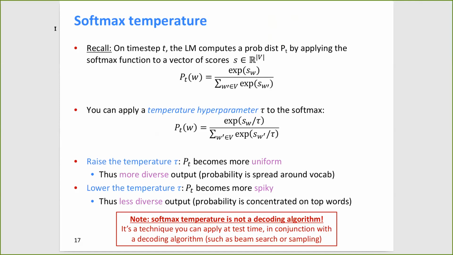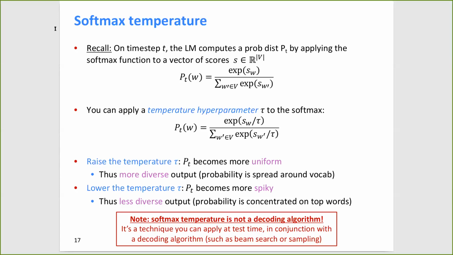Rather than assigning one high score to one word and lower scores to the rest of the distribution, a higher softmax temperature gives you a more uniform probability distribution. That way, your model doesn't confine itself to a very limited vocabulary, but is more uniform and more diverse.